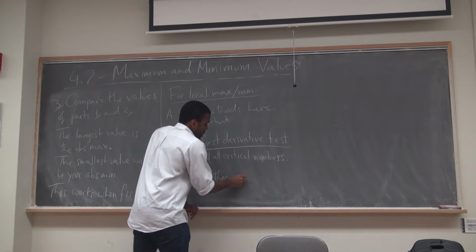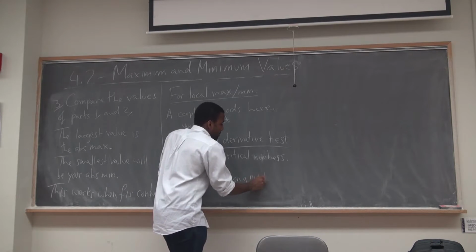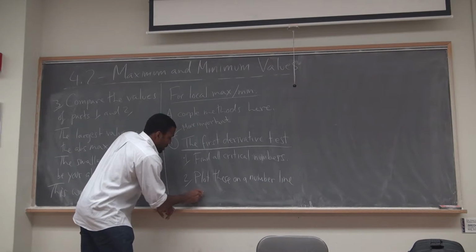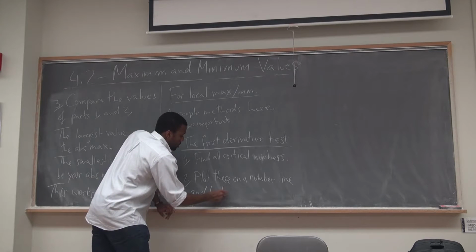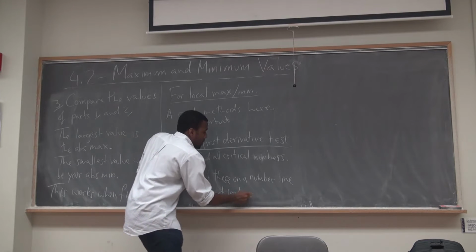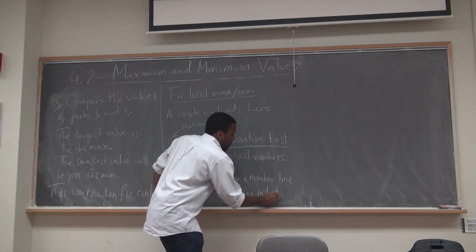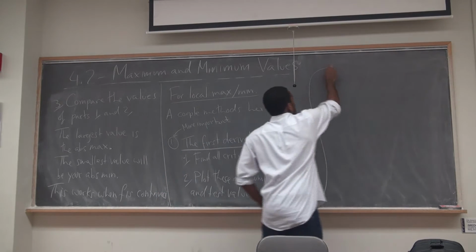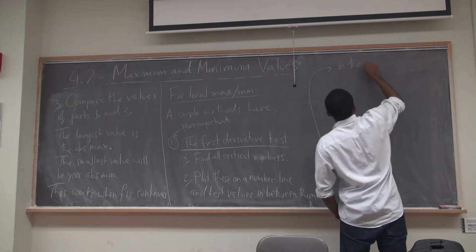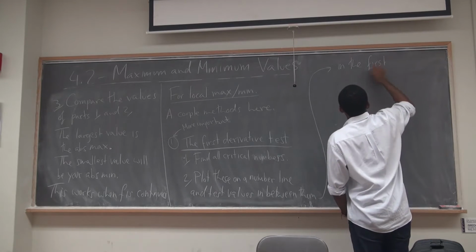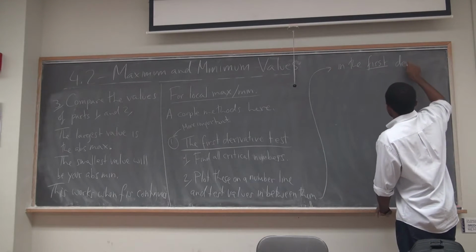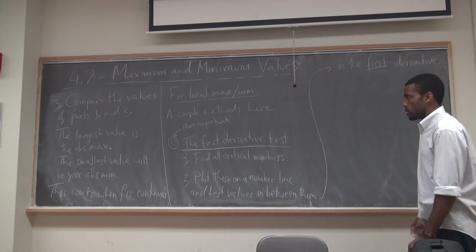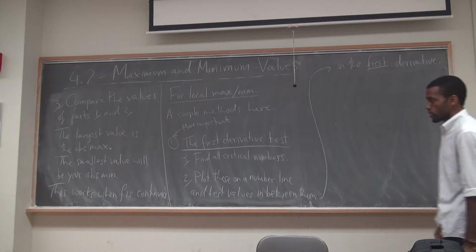Plot these on a number line and test values in between them, in the first derivative. That's why it's called the first derivative test. We're going to use the first derivative all the way.